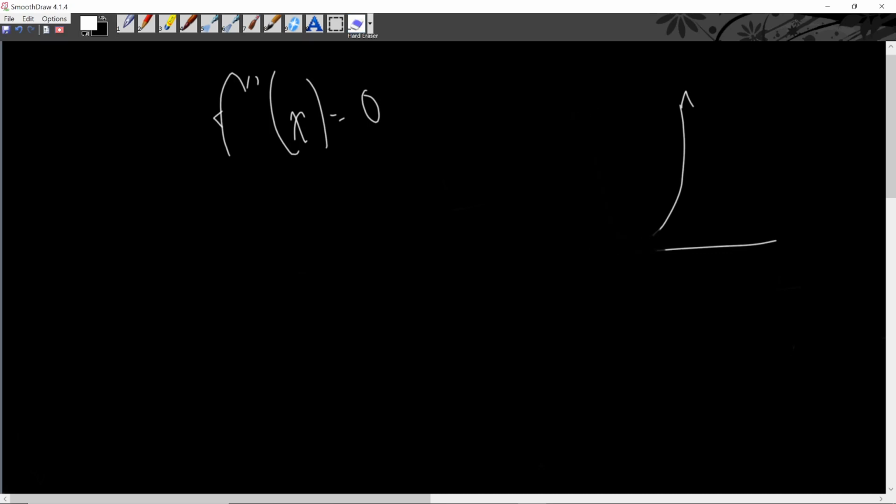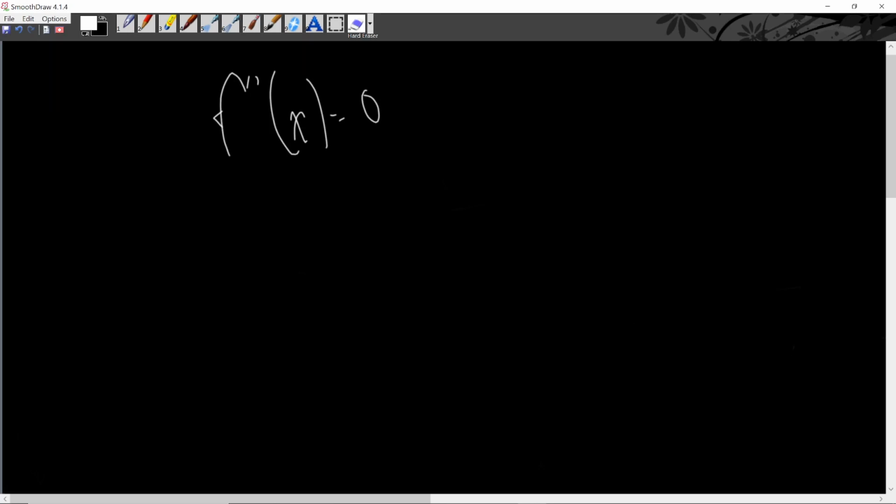And if the graph is concave down, we can say that would be a relative maximum. But if we don't know whether the graph is concave up or concave down, then at that specific point we don't know. So we simply say that the test fails, and we have to do something else. I know it's a sad way to cop out, but we just can't do the test for that.